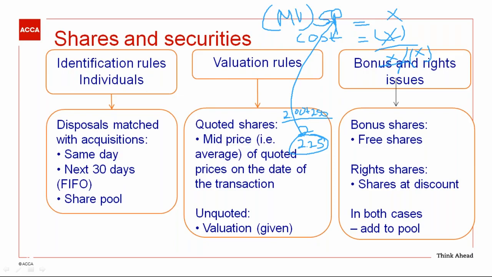That's how you get the mid price when shares are gifted or sold below the market price. Now, if you have sold the shares at an arm's length price at the market value, then you don't have any problem. The price will be given to you, and then you will be able to calculate the sales proceeds.